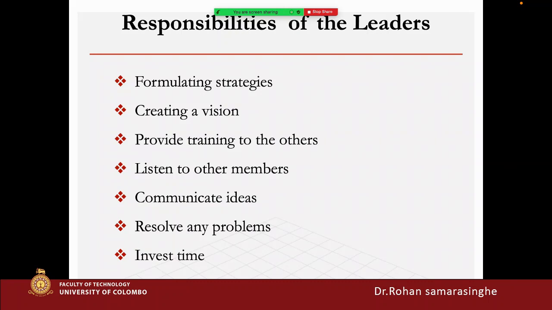You have to communicate with the others and see whether that idea is the best one or the better one to implement, and resolve any problems. So you have to resolve if there are some problems, and invest time to grab the knowledge, to teach, or to listen to the others and communicate ideas.